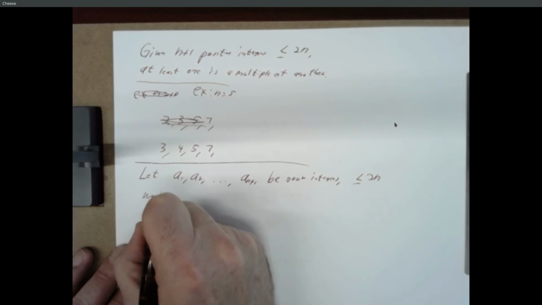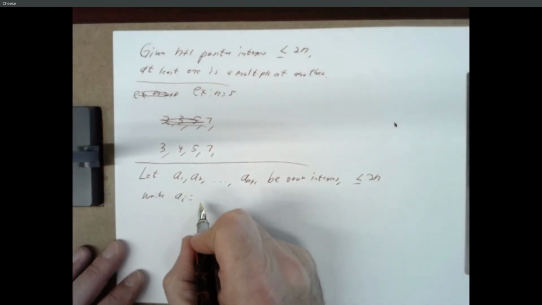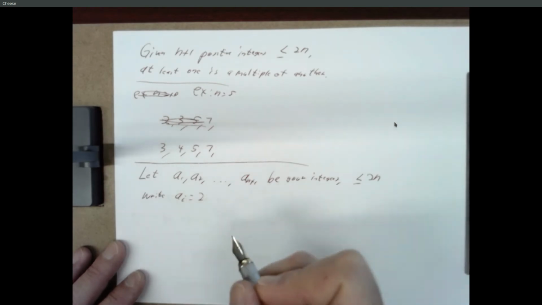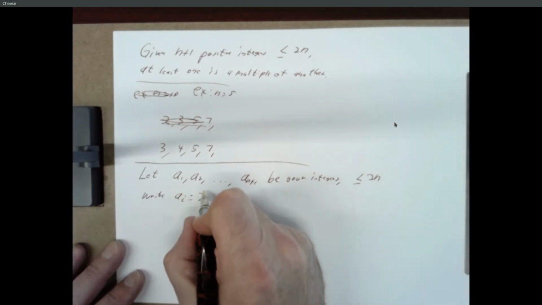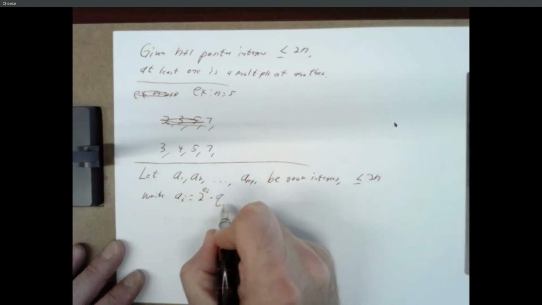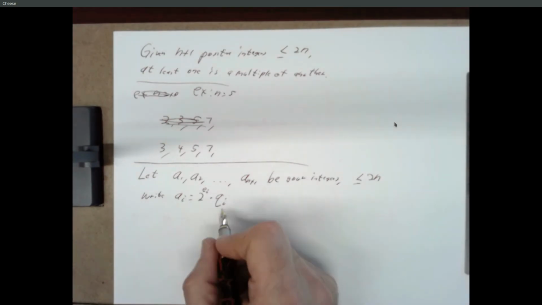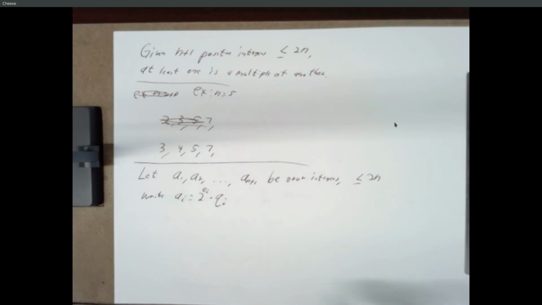So write a_i as 2 raised to some exponent e_i, times some q_i, where these q_i's are going to be odd. So factor out the biggest power of 2 you can from each of your numbers.